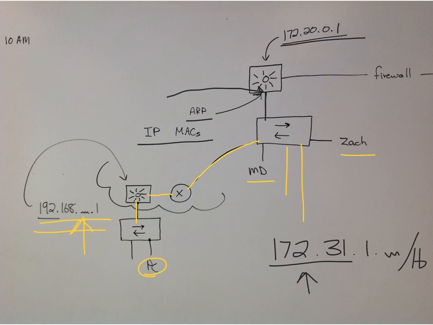Default gateway there. And what we did over here is we translated the addresses here to a 172.20 network. So from here to here, that's called a little bit of advanced work.